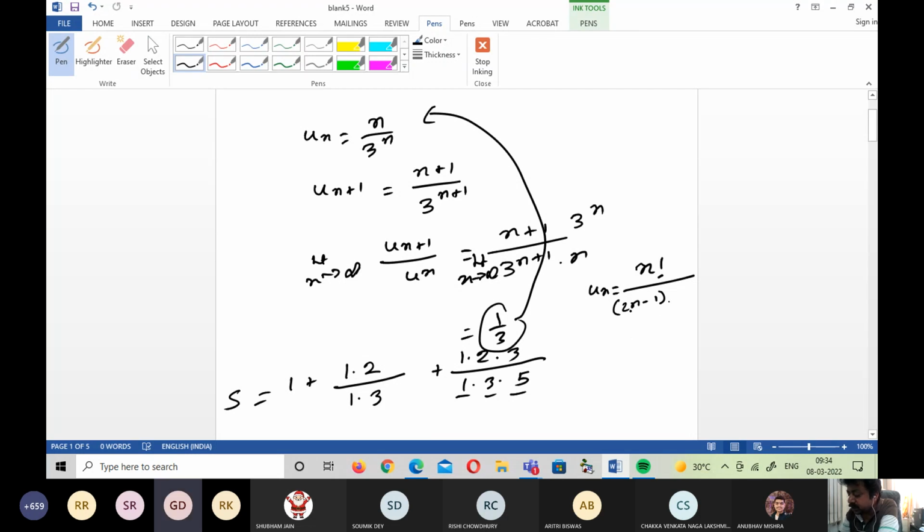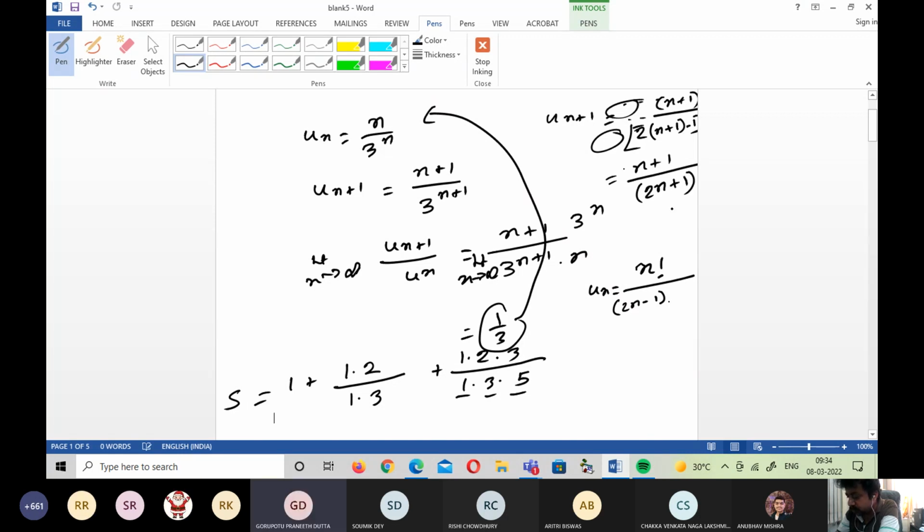Okay. So what is the value of u(n+1)? It contains all the terms of un. What is the extra term? (n plus 1) by 2 into (n plus 1) minus 1. Is it correct or not? This is the extra term. So (n plus 1) by 2 into (n plus 1), 2n plus 2 minus 1. So I think it will be 2n plus 1, sir. N factorial by (2n plus 1).